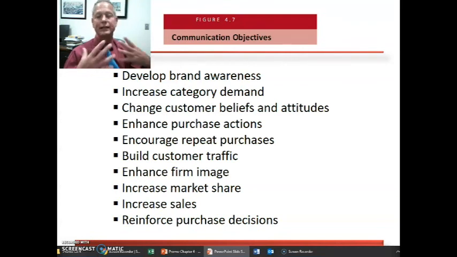So when I teach this class, I always talk about communications objectives being an objective based upon really something that's measurable. That's why we use a SMART goal: increase or decrease what, by how much, by when, because when we increase or decrease, we can measure that, and it's all part of measuring.